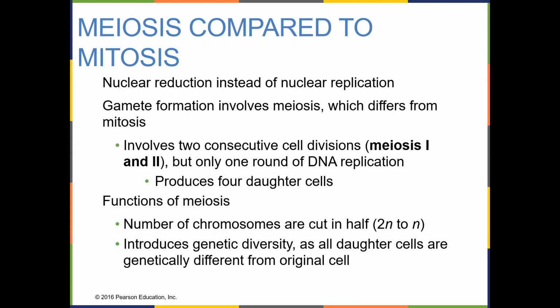We get 2 daughter cells with brand new DNA. Well, now if we divided that again, we'd end up with essentially meiosis. So we can get 4 daughter cells. We want to get from diploid to haploid.